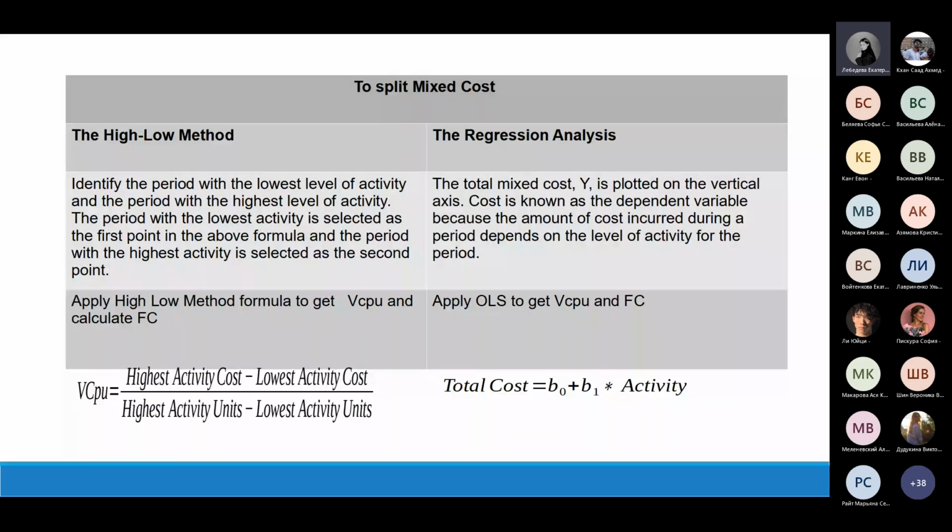The abbreviation included in the formula is variable cost per unit, which is equal to the difference in activity cost divided by the difference in activity levels measured in units. Therefore, we can calculate the variable cost per unit.